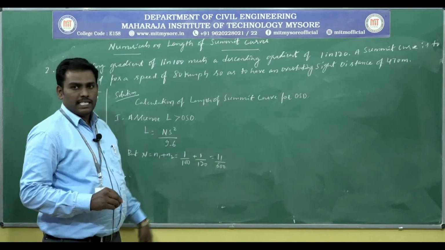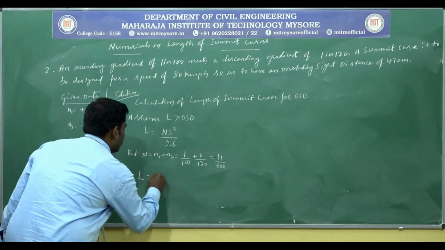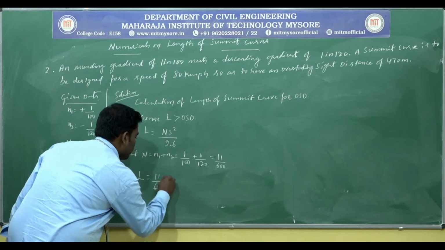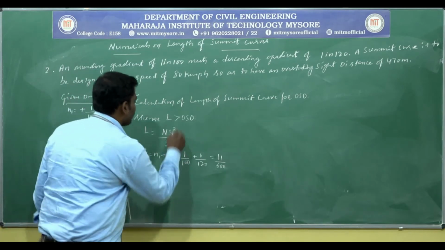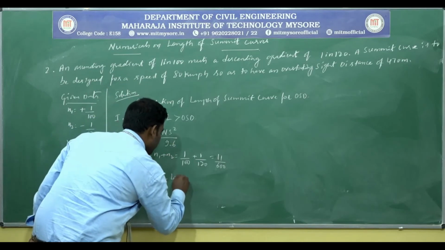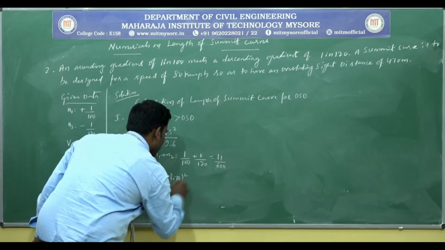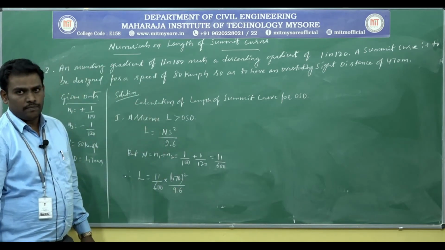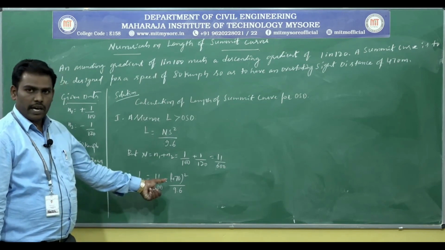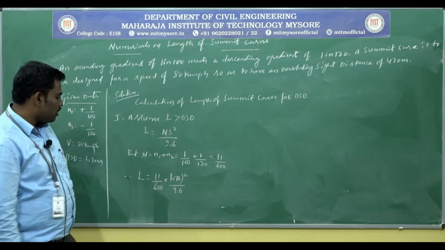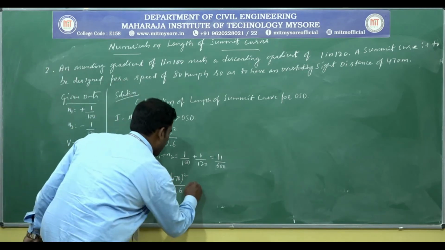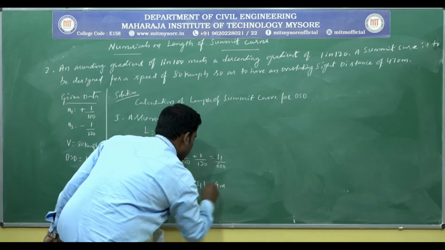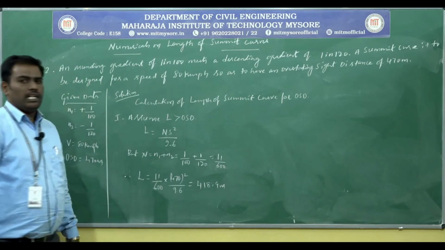Then we get 11 by 600. Therefore, L is equal to N, which is 11 by 600, multiplied by S square, 470 square, divided by 9.6. If you compute this, you may get about 418.9 meter.